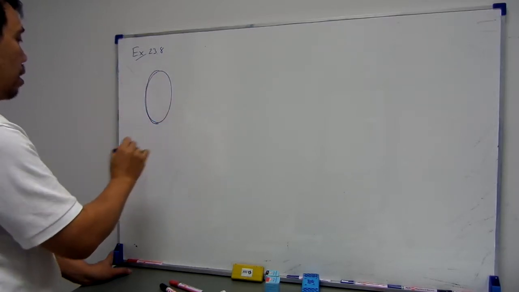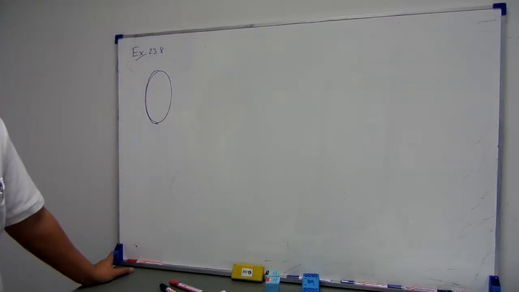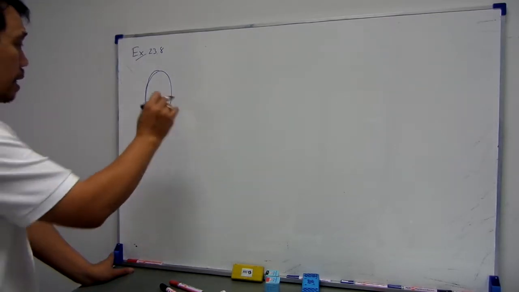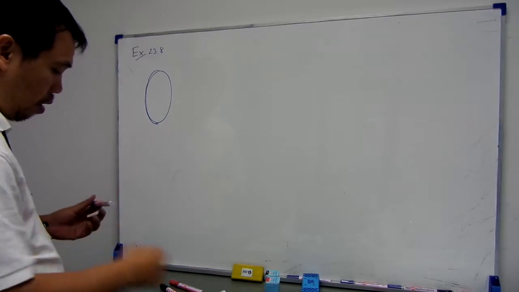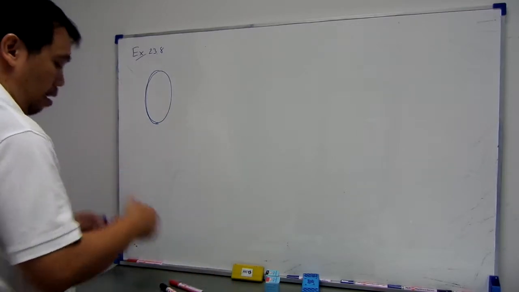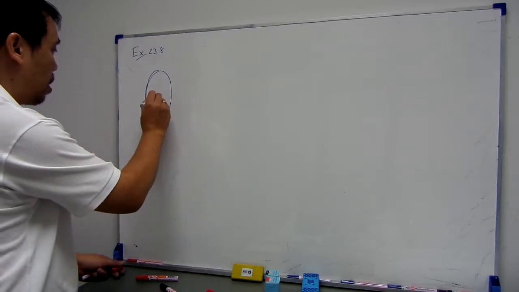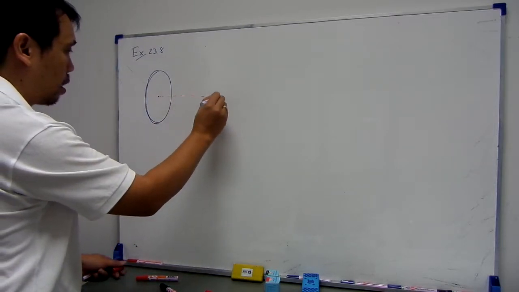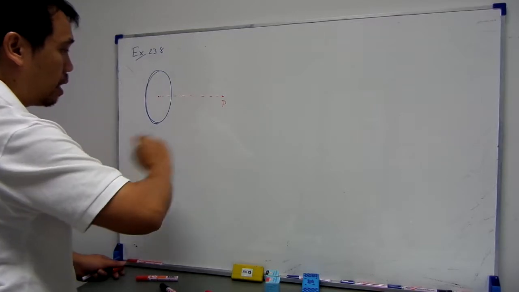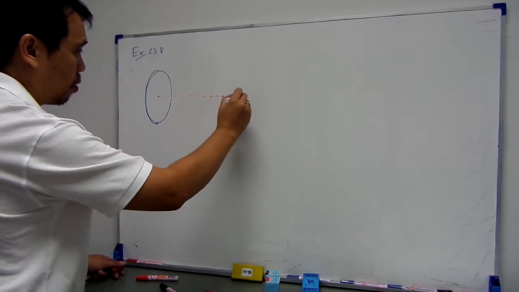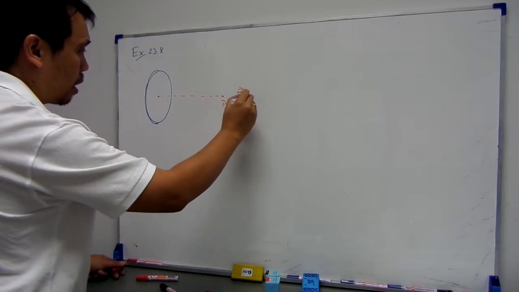Now we have the disk, not the ring, at point P along the axis of the disk. Point P here, and we want to know what is the electric field.